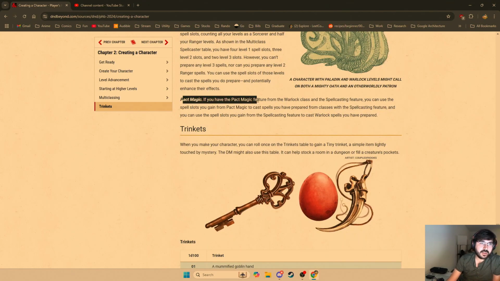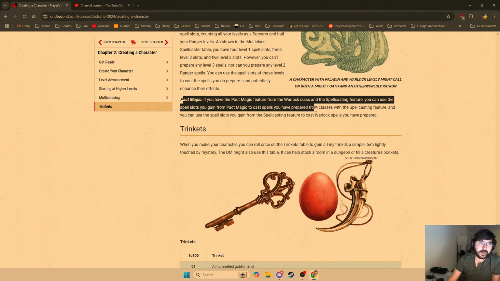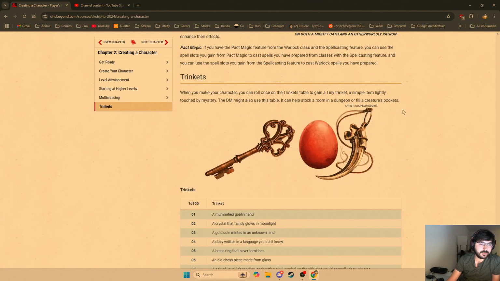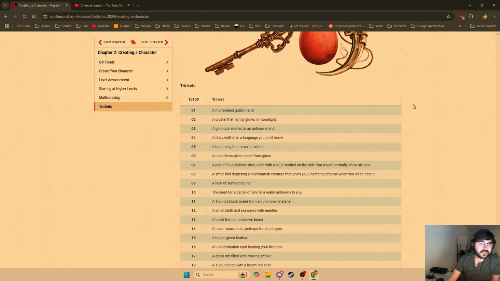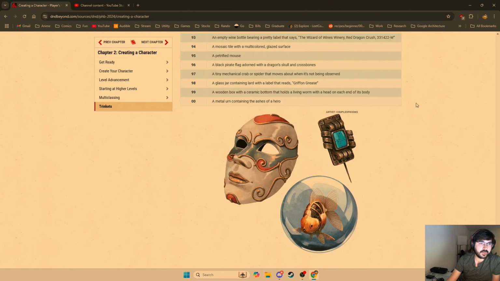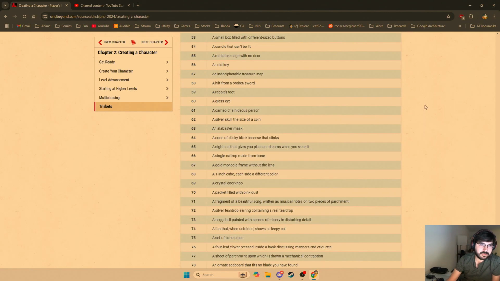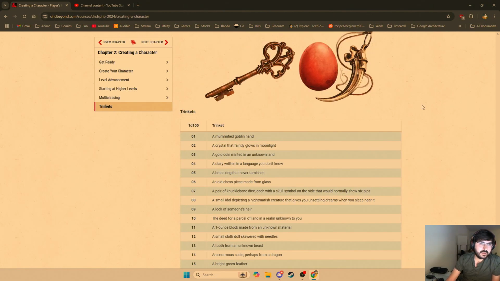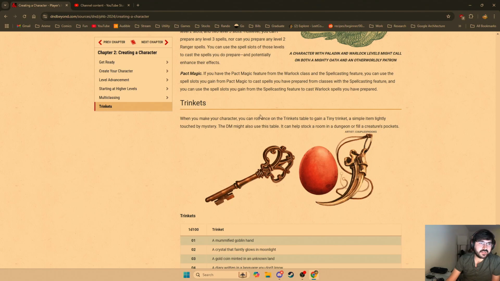Pact Magic is a feature of the Warlock class, and you can use the spell slots of your Pact Magic to cast spells you prepared from a class with the Spellcasting feature. Again, those are specialized. Next are trinkets. These are things you can find, or extra items that can be sold or used as focuses or other things like that.